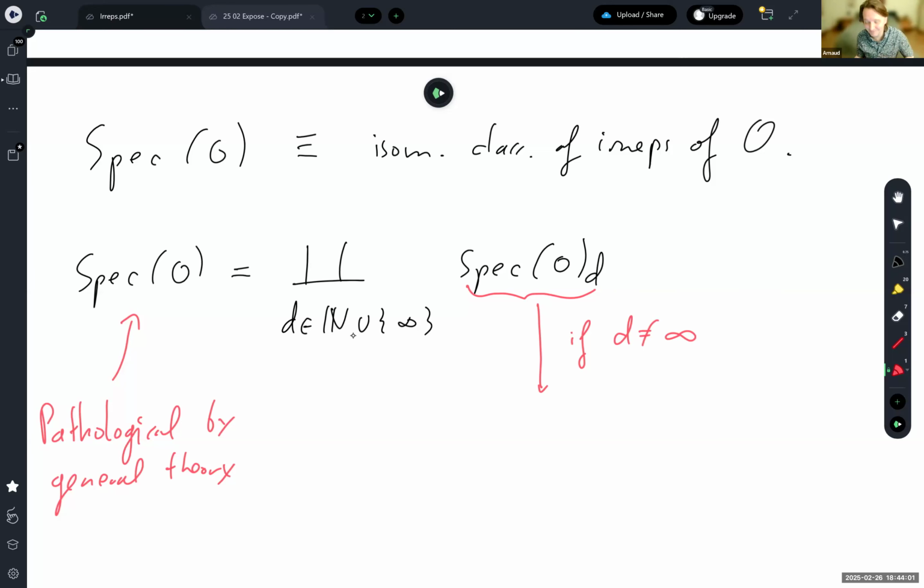We don't have much. So if I take D different from 0, this is just a smooth manifold of dimension 2D squared plus 1. So basically, I gave an explicit bijection of this piece of the spectrum with a manifold of dimension 2D squared plus 1.